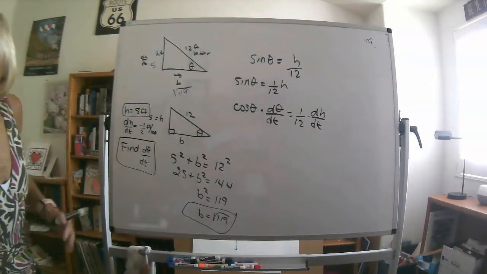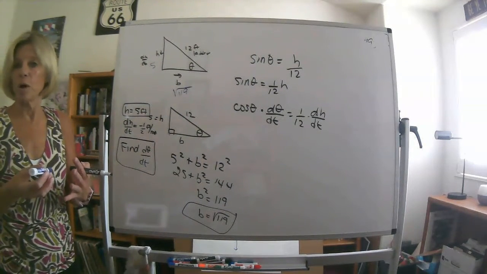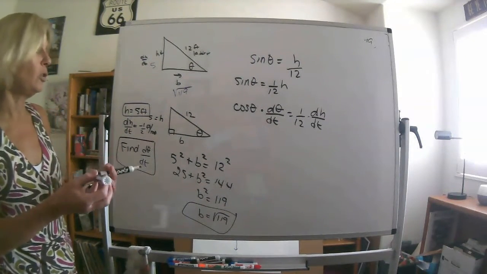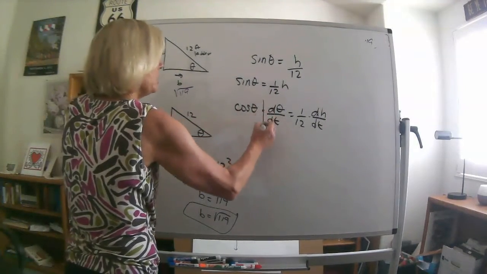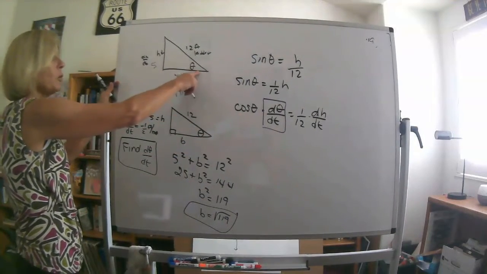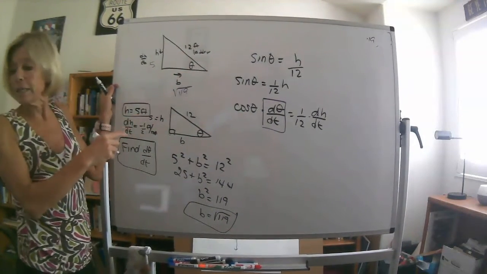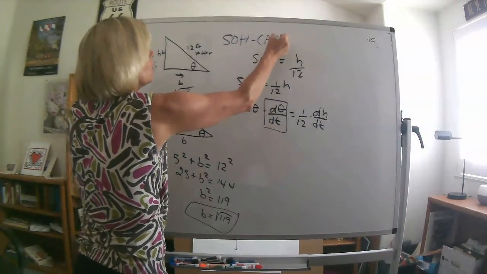I'm going to do this problem using the method that I did not use in the other problem. I'm going to substitute in first and then solve for my d theta/dt. Cosine theta, I'm going to just go through again and use SOHCAHTOA.